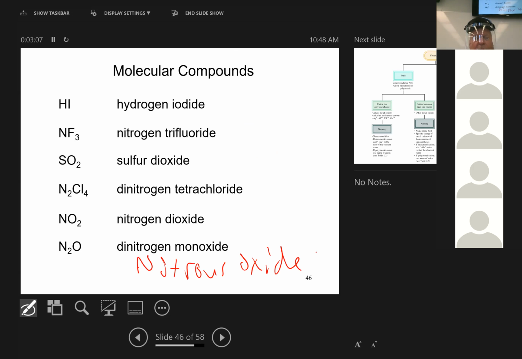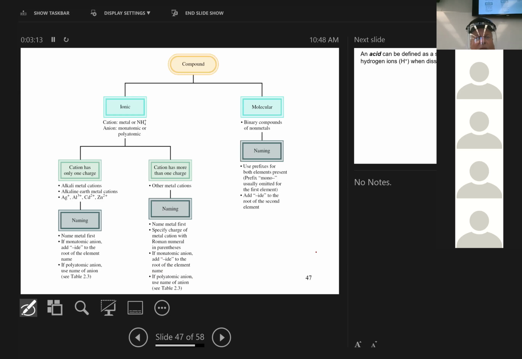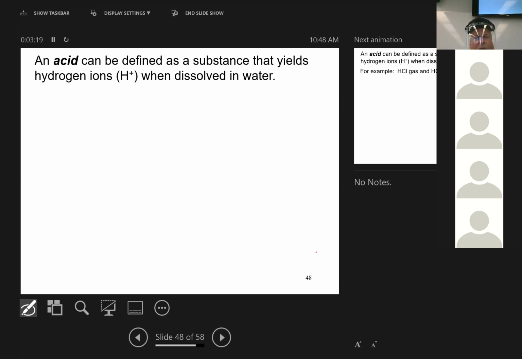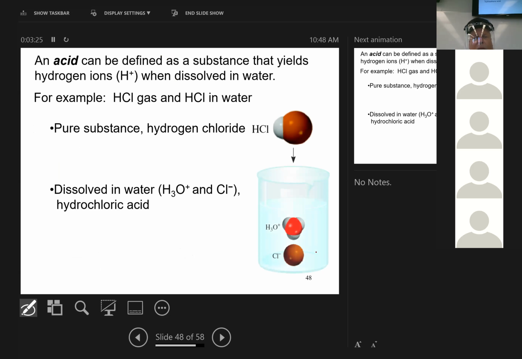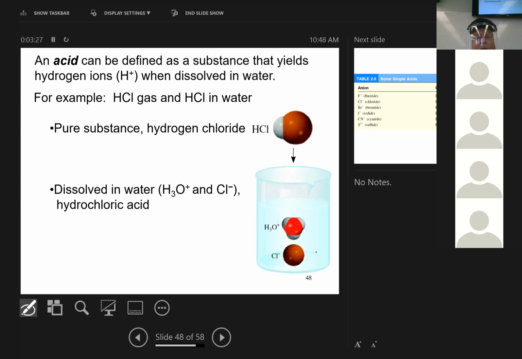It's a clear colorless thing that'll put you to sleep if you're getting a tooth out or something, if you ever use that. And then there's a chart they give for naming them that kind of helps some people. If you want to use that naming chart, feel free to do that. Acid names here, when they're dissolved in water, the pure substance is hydrochloric, then it becomes hydrochloric acid.